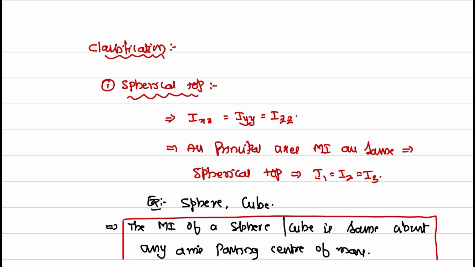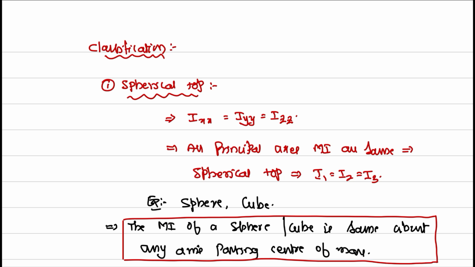In JEE Mains, in JEE Advanced, a question can be asked for a sphere or for a cube, the moment of inertia about a particular axis passing through center of mass. They will give 2 axes passing through center of mass and ask you to find the moment of inertia. Moment of inertia is same.